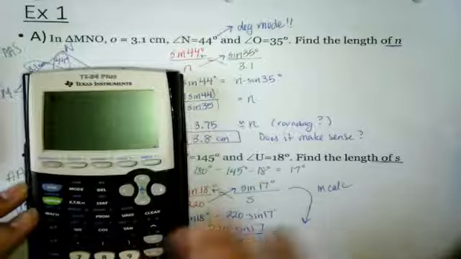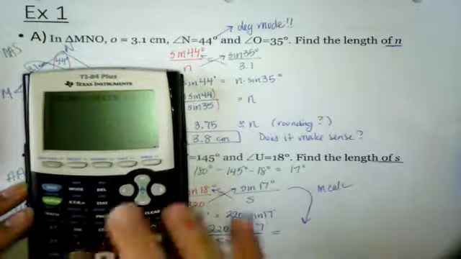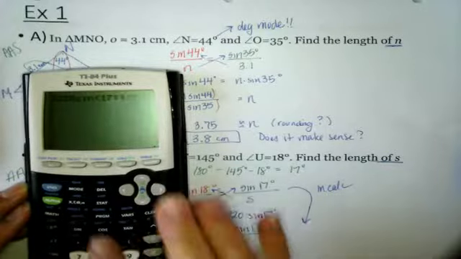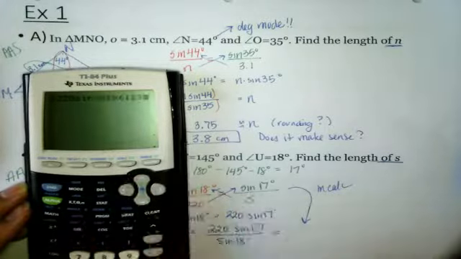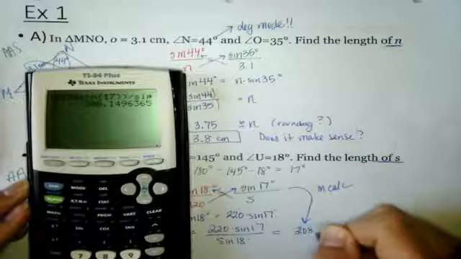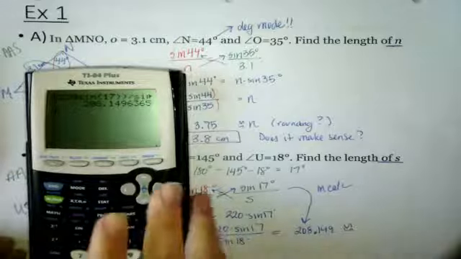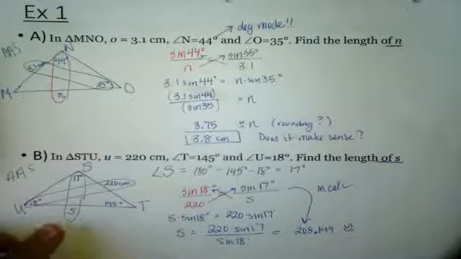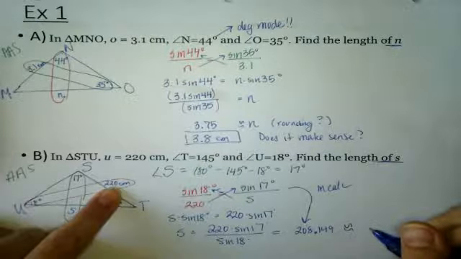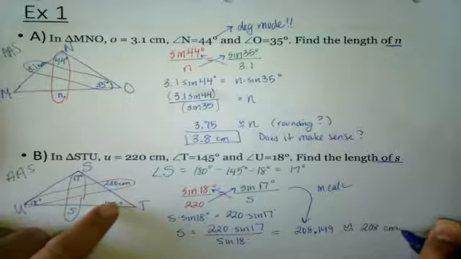Let's see. 220 times the sine of 17 divided by the sine of 18. There we go. 208.149 approximately. And again, I'm not sure what they're going to tell you to round to, but this is a whole number answer, so I'm going to say about 208 centimeters.